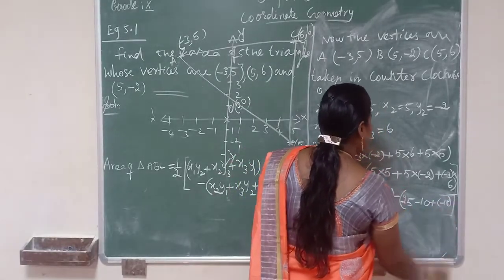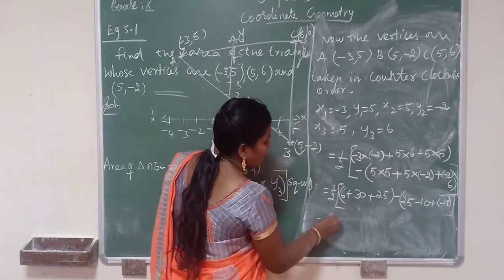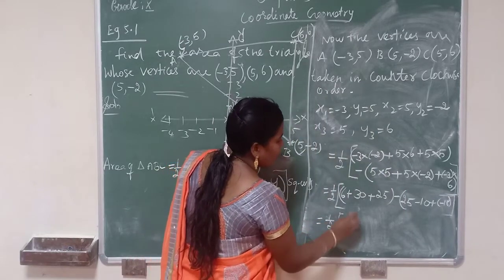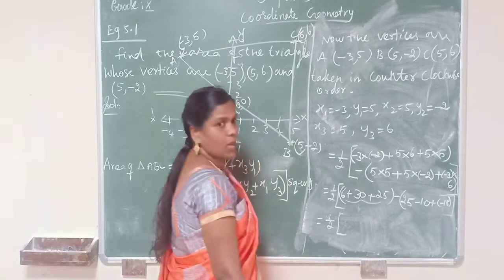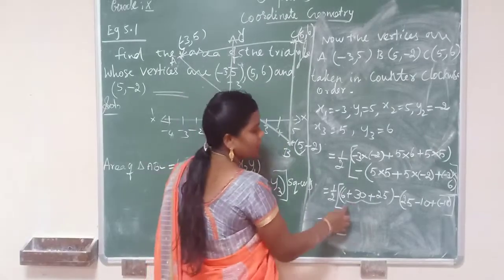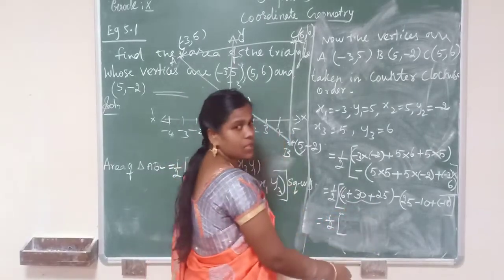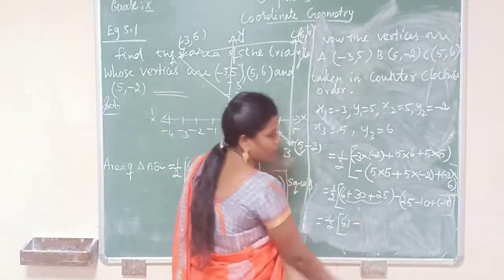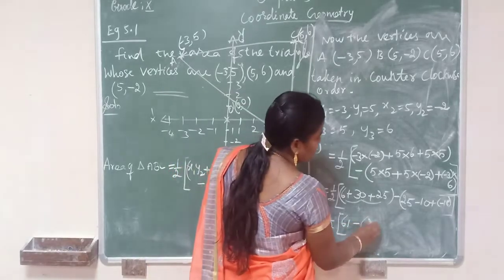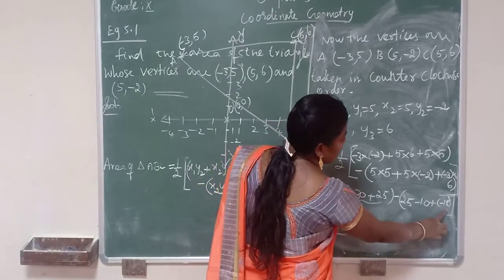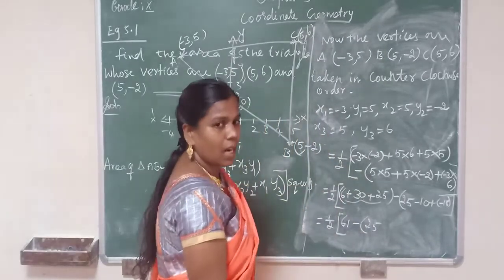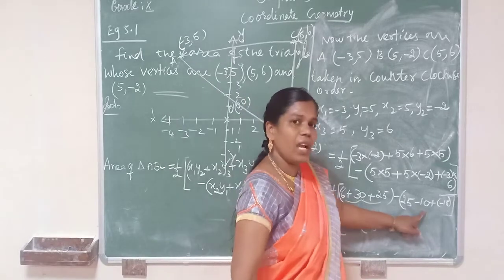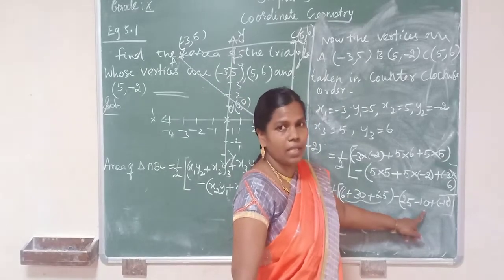Close the bracket, which is equal to 1 by 2 into, now these three terms are in plus, so add and put the plus sign. So 30 plus 6 is 36, 36 plus 25 is 61. And the formula has minus, so put the minus, then bracket 25. Here both values are negative, so add and put the same sign. When we add two minus signs, we get the minus sign only.